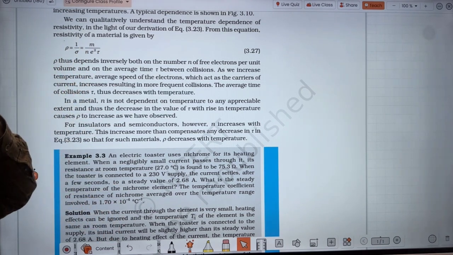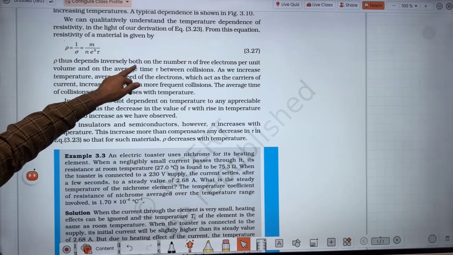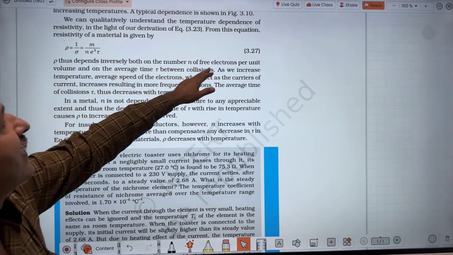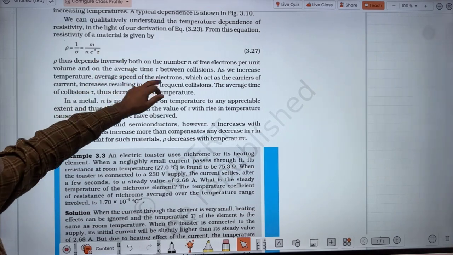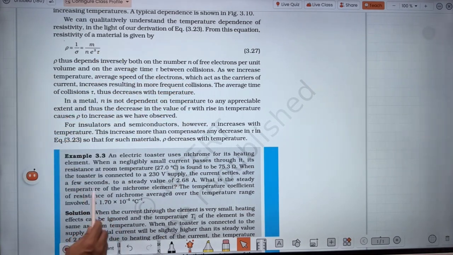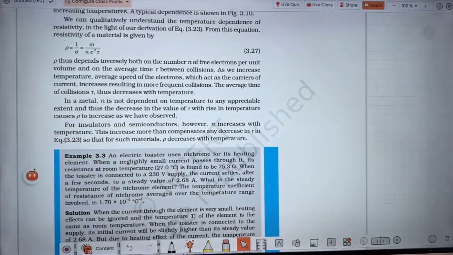So rho depends inversely both on the number N of free electrons per unit volume and on the average relaxation time between collisions. Now, as we increase the temperature, what will happen? Will the number of collisions increase? Yes, of course. The speed of electrons will increase, so the number of collisions will increase, so the collision time will decrease.